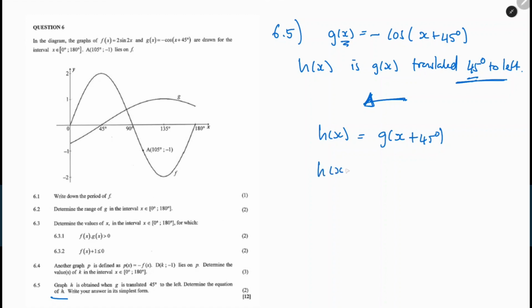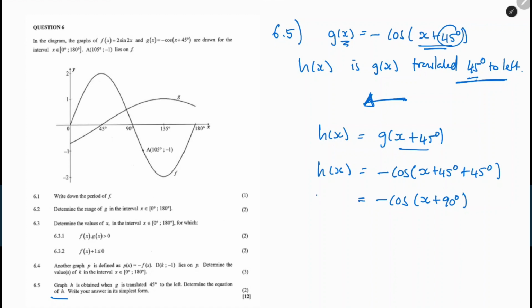In any case, what we do now is substitute this into this here. So it's going to be minus cos, I see an x, I'm going to replace it with x plus 45. So I've got x plus 45 and then plus still the remaining 45. So that is minus cos of x plus 90, right?